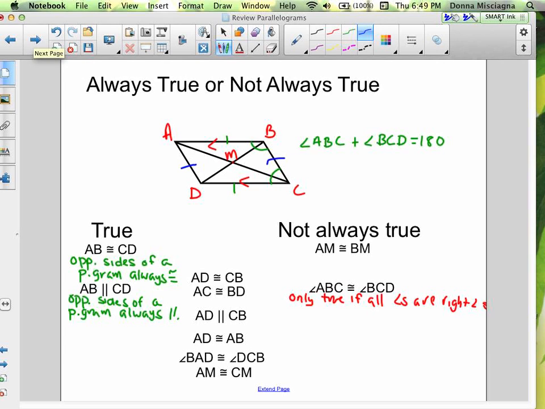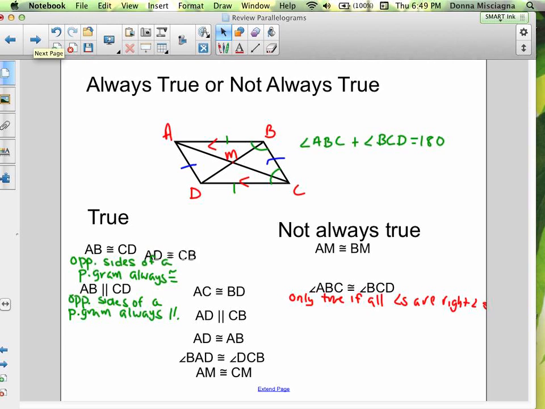Well, that's also opposite sides of a parallelogram. And we know that they're always congruent to one another. So let's just add AD congruent to CB right over here, because that's the exact same reason: opposite sides of a parallelogram are always congruent.